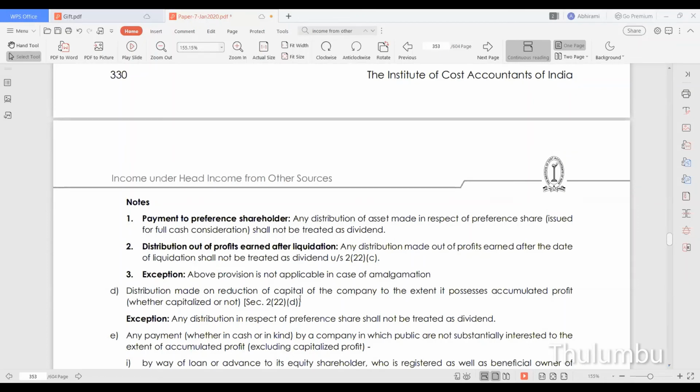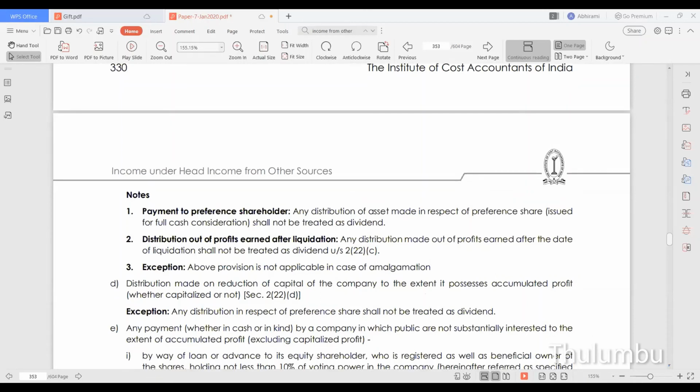If I make that distribution, the accumulated distribution of capital is considered as dividend. Any distribution in respect of preference shares shall not be treated as dividend.